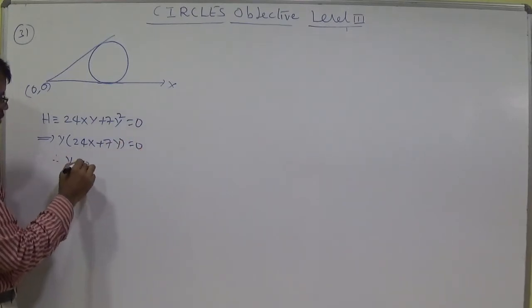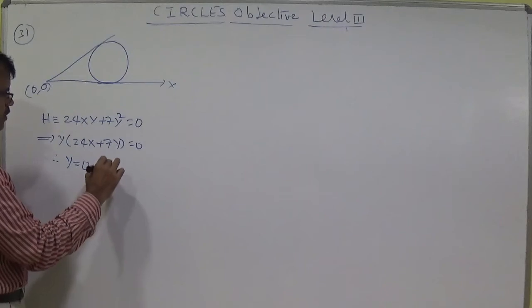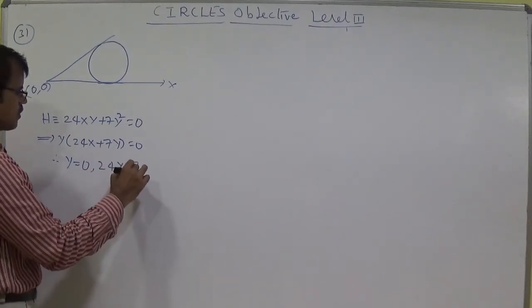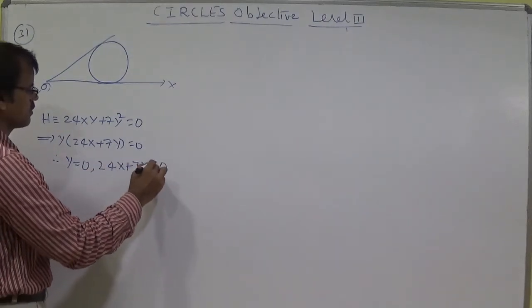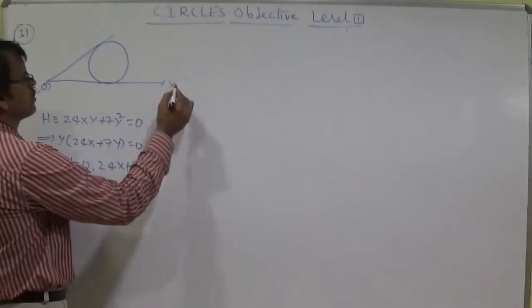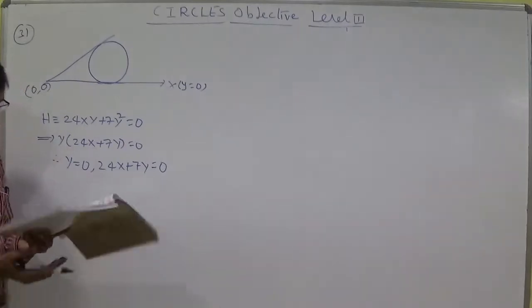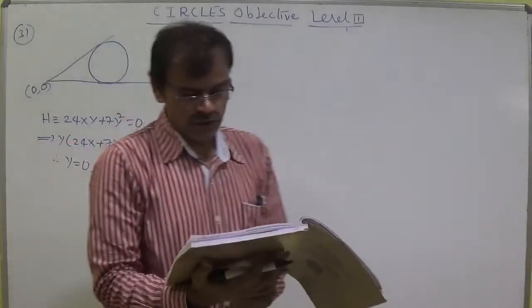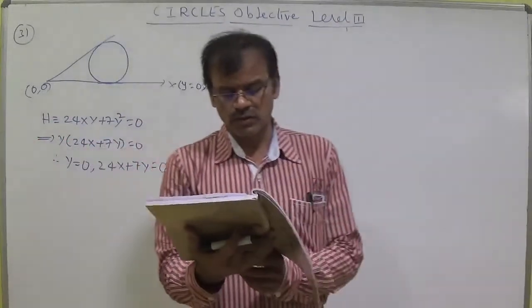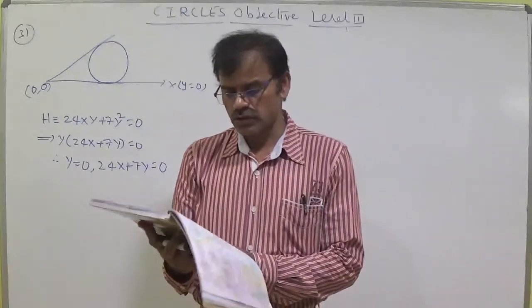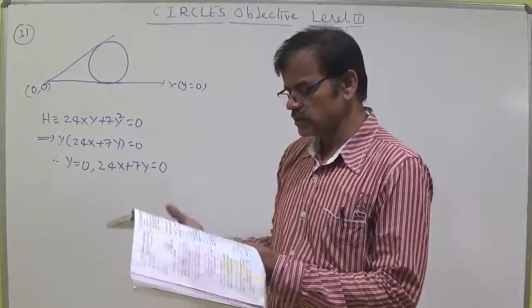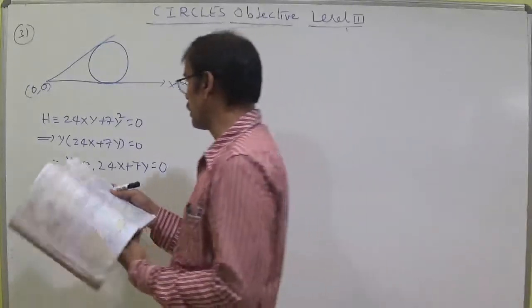Therefore, the pair of lines can be written in the form y equal to 0, 24x plus 7y equal to 0. y equal to 0 is nothing but the equation of the x-axis. This is the circle touching the pair of tangents from origin.